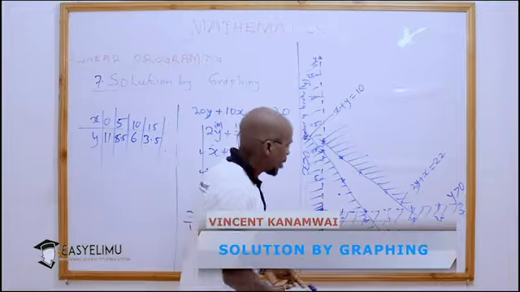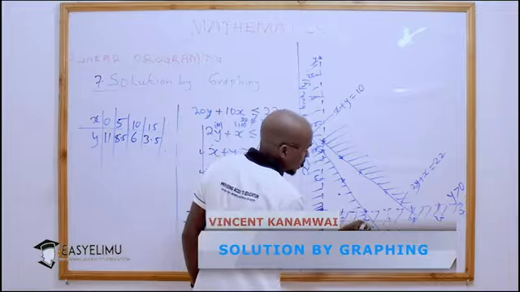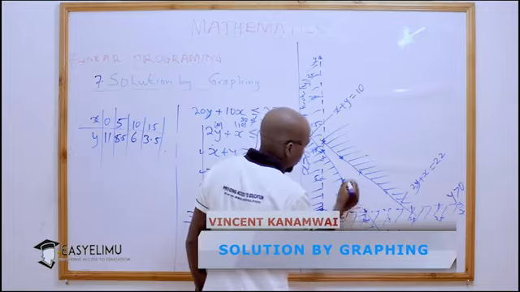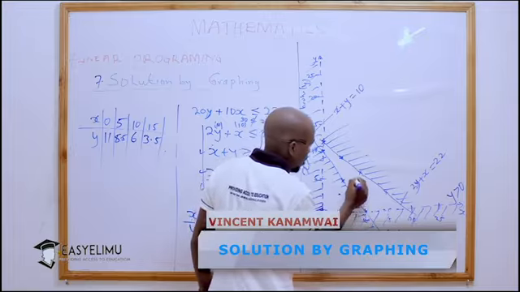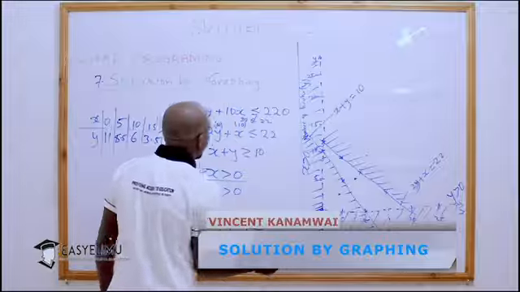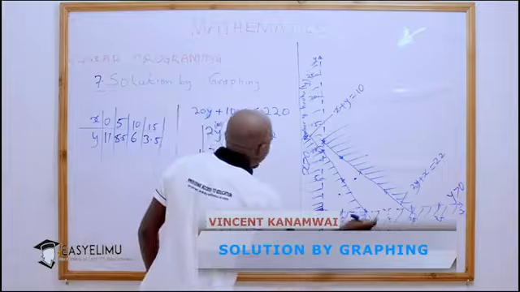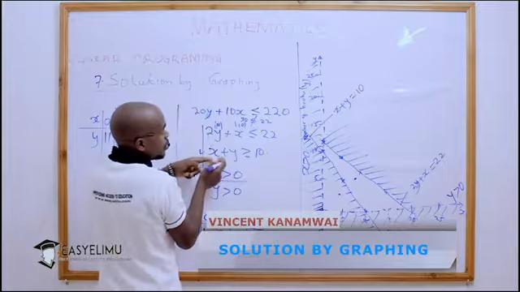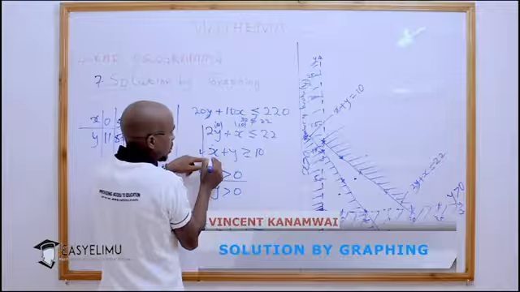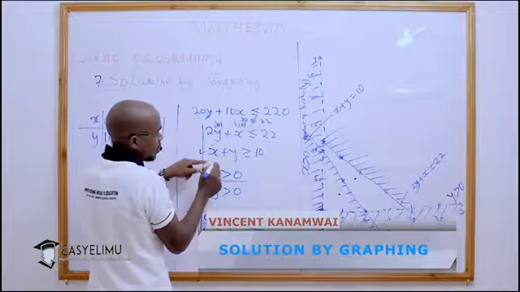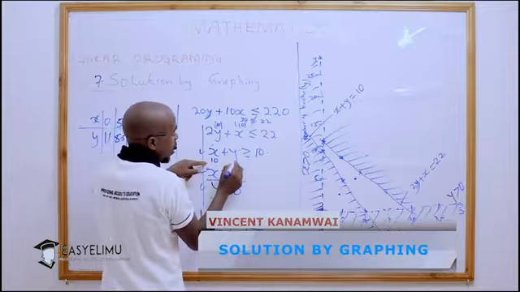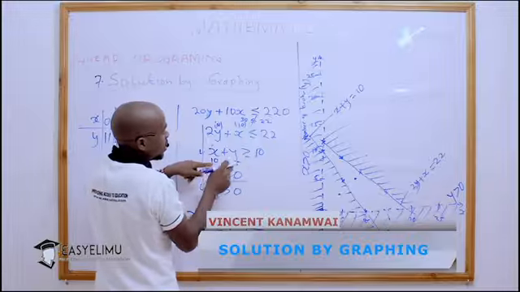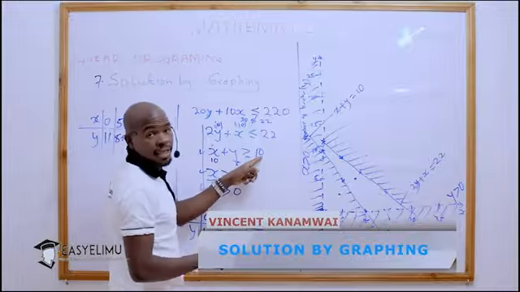Any of the points, for instance, you can take 10 and 5. If x equals 10 and y is 5, you will find this one is automatically greater than 10.